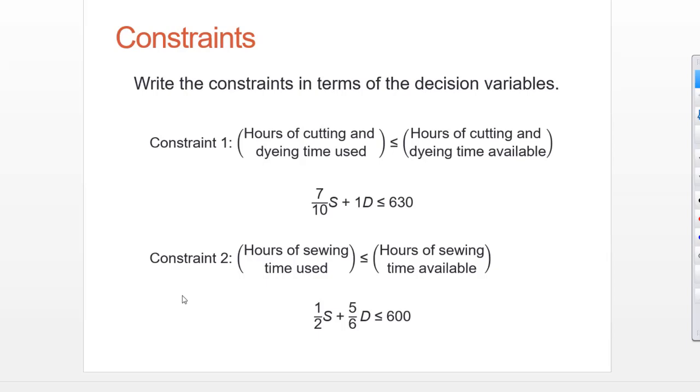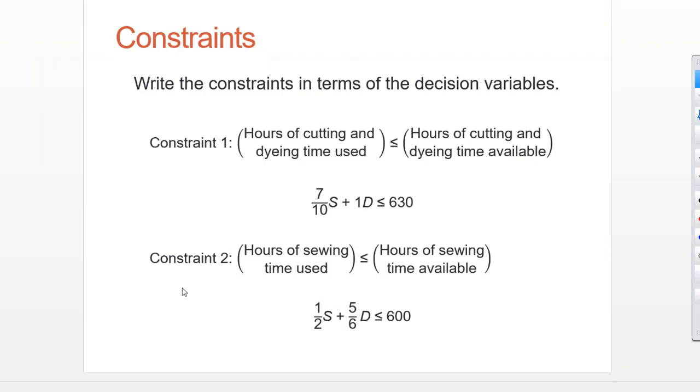And I want to raise 2 extreme scenarios. The first extreme is I want the cutting and dyeing department to completely focus on standard bags. You don't need to worry about deluxe bags. I don't need you to manufacture deluxe bags. Just focus on standard bags, and use all 630 hours to manufacture standard bags.